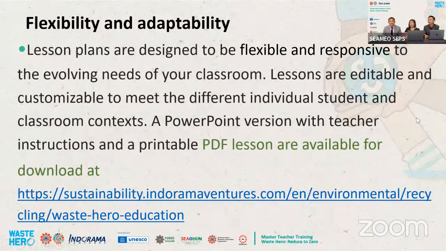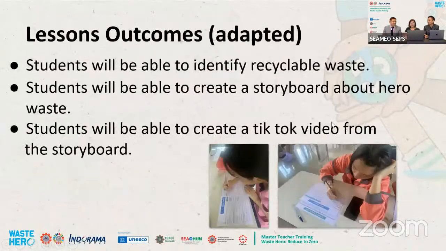And also, as we said earlier about how the lesson can be adaptable, I adapt my lesson into smaller outcomes. I have 3 lesson outcomes. Number one is that they can identify recyclables and non-recyclables.